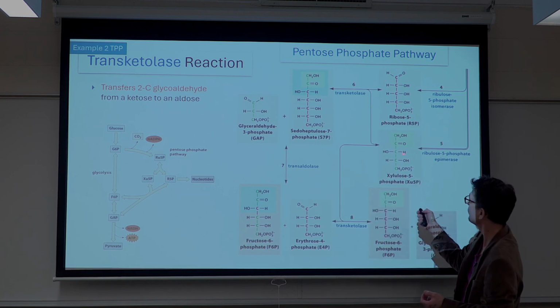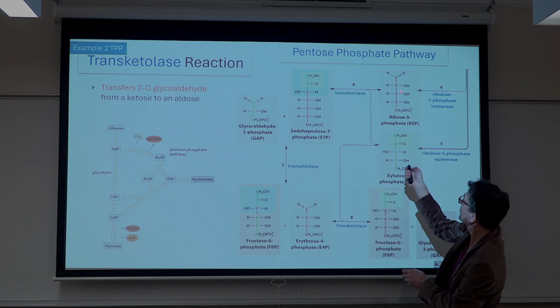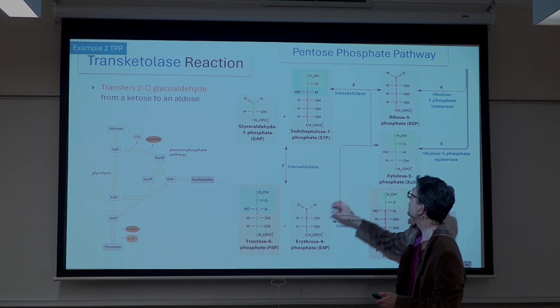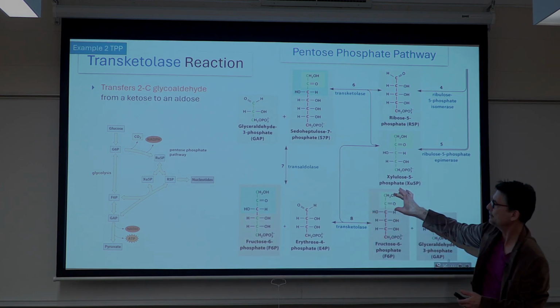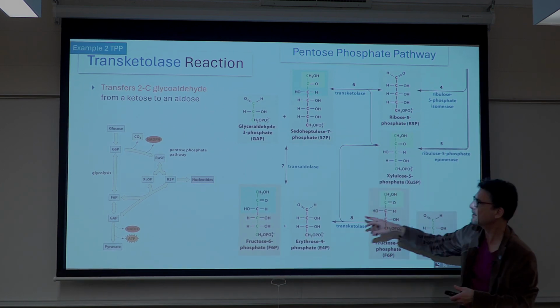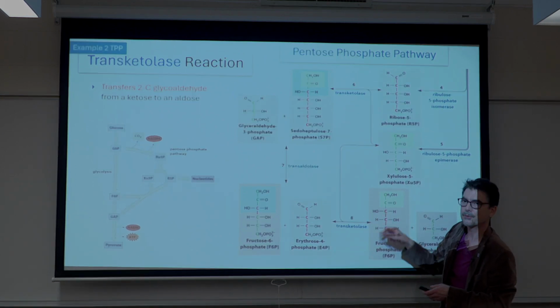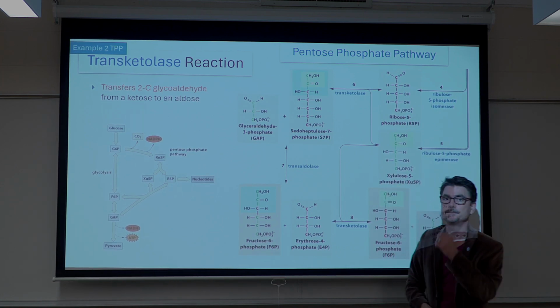Same thing when you look over from here to here, instead of adding this to the ribose 5-phosphate, it's still, look at the other substrate here, it's an aldehyde. So it's going to take these and it's going to add it to that carbon. Boom. And when it adds it to the carbon, it converts that carbonyl group to a hydroxyl group.